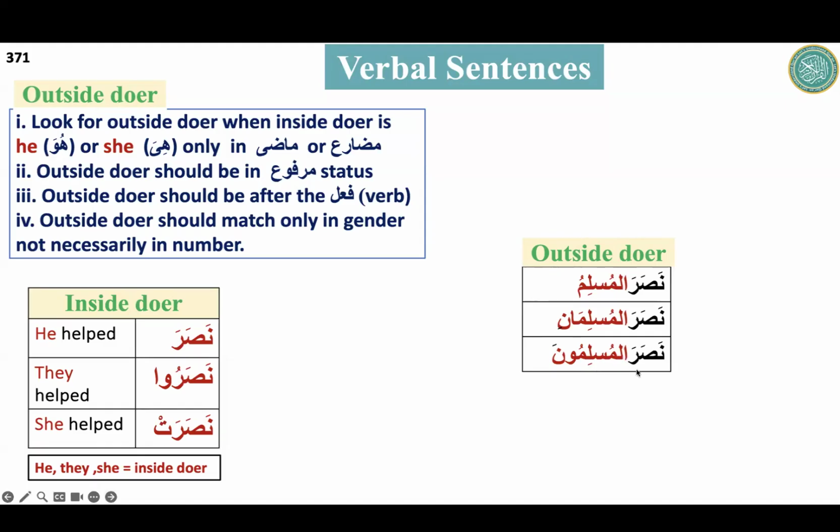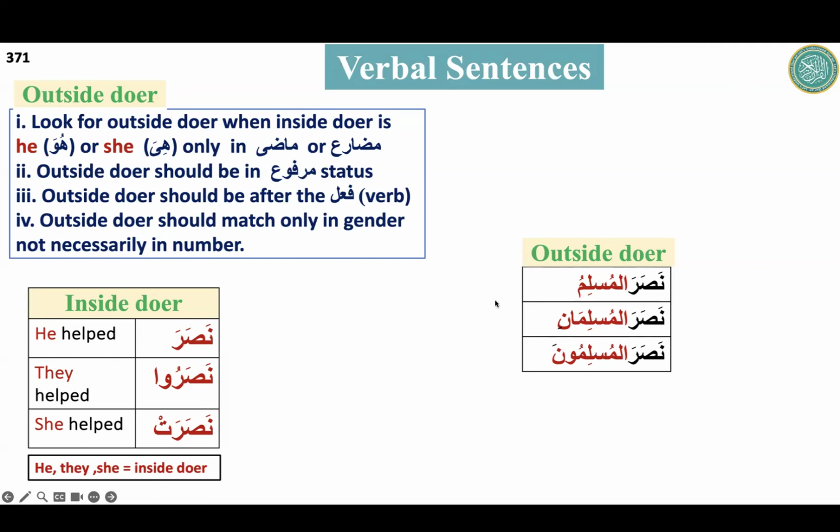So we translate this as: Muslims helped. And if I say he helped Muslims, Nasar al-Muslimina, in that case Muslimina is not an outside doer because the outside doer should be in the Rafa status. Okay, thank you very much.